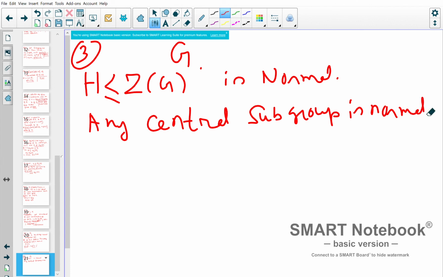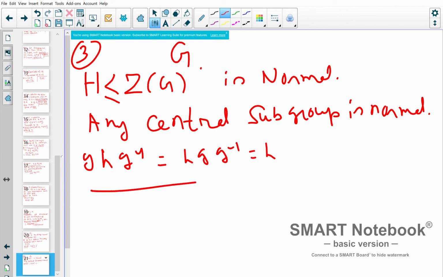Any central subgroup is normal, and that is obvious again, because if H sits inside the center, then when you write down g h g inverse, because h is an element of the center, it commutes, so it is h, an element of H. So central subgroups are always normal subgroups.